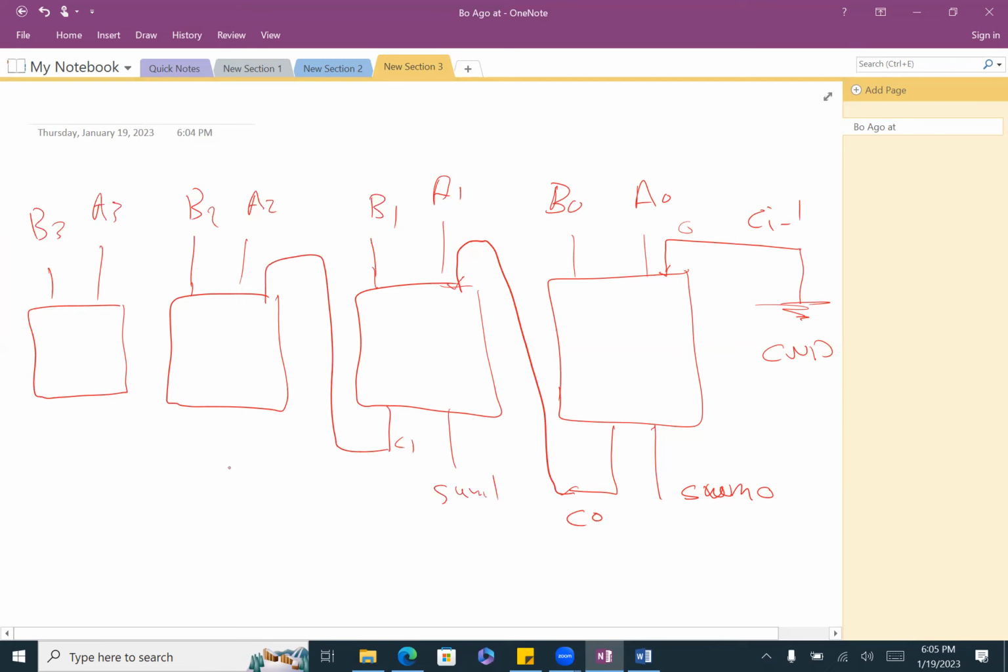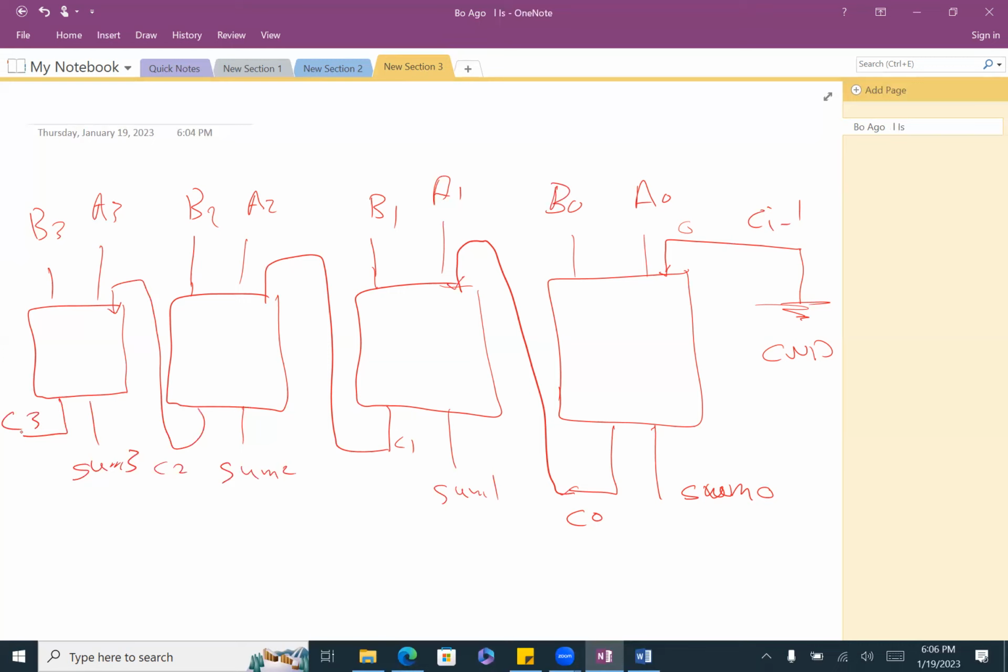Same thing, you will have sum of 2, carry of 2, so we'll go back here, carry of 2. And finally, we'll have sum of 3 and carry 3. All right? So how many stages do we have here? 4, correct? So now, using one slice design, you focus on only one slice.